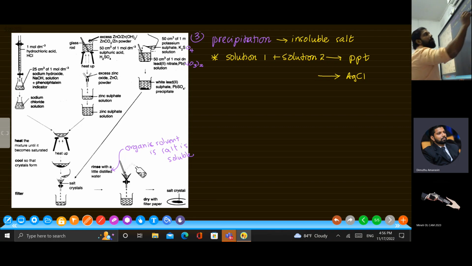That's the rule. What's the silver containing soluble one? Silver nitrate. Right? All nitrates are soluble. Choose silver in the soluble salt. Chloride in a soluble compound, any one is fine. That's the rule. Solution 1, solution 2, get the precipitate.